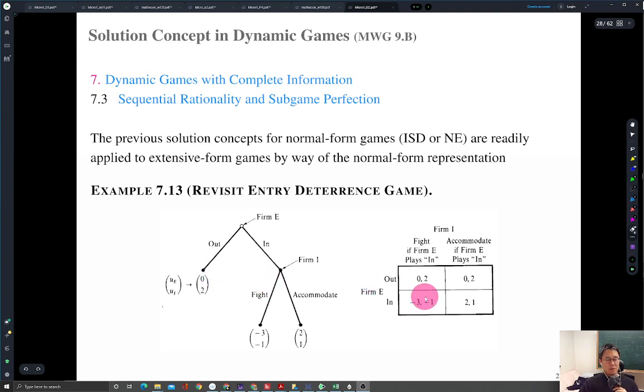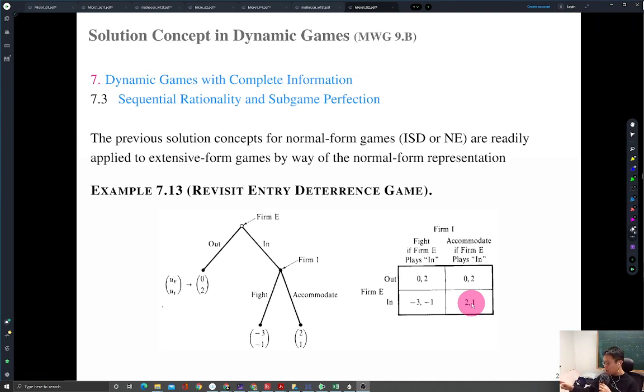So in that case, if we translate into normal form, each player has two possible actions, equivalently two possible strategies. There is no difference between action space and strategy space. So after converting this into normal form, we are going to obtain a 2x2 matrix like this. Alright, so how do we make a prediction in a dynamic situation?